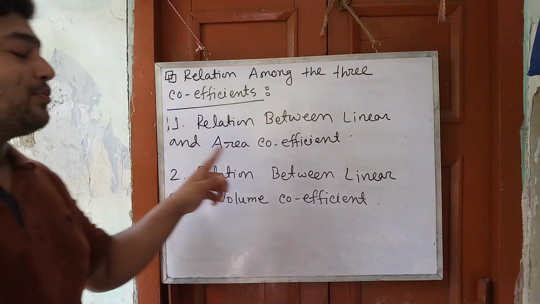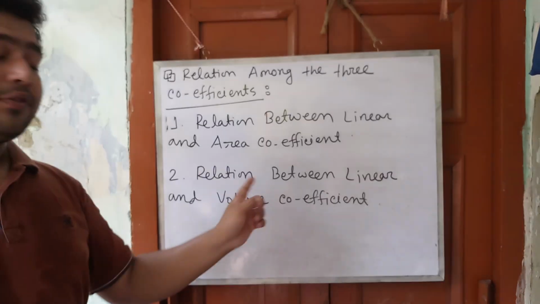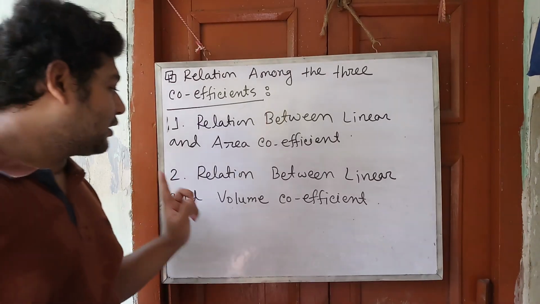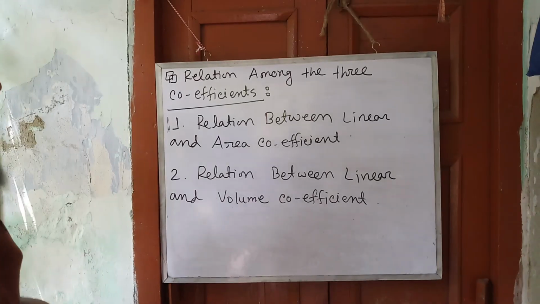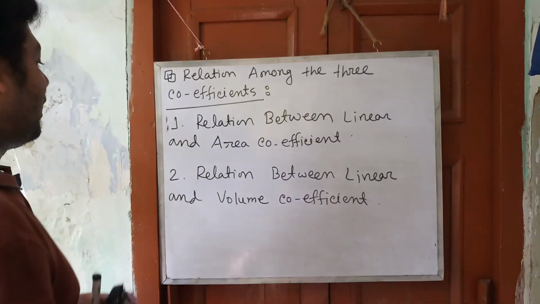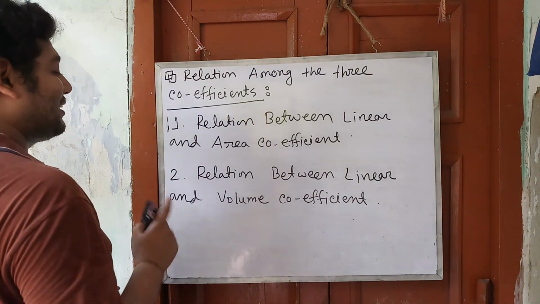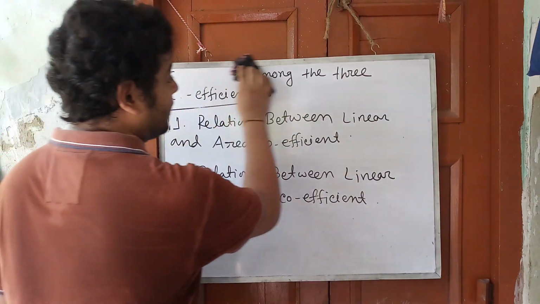One is the relation between linear and area coefficient, and the second part is the relation between linear and volume coefficient. Okay, so our first part is the relation between linear and area coefficient.